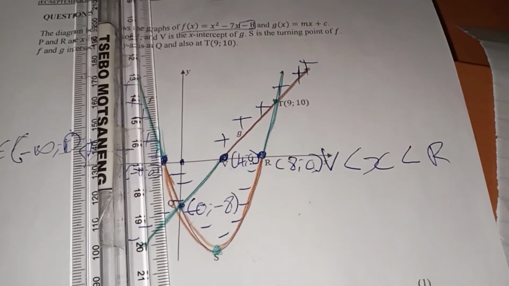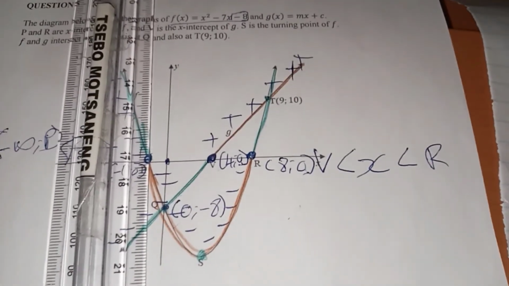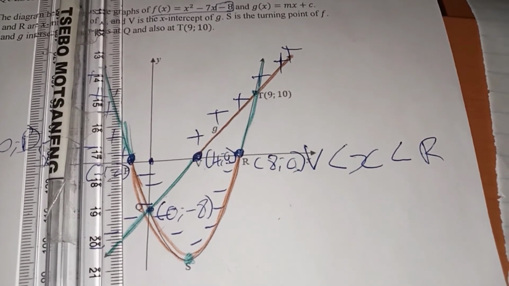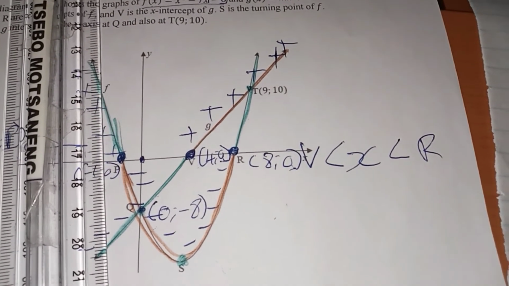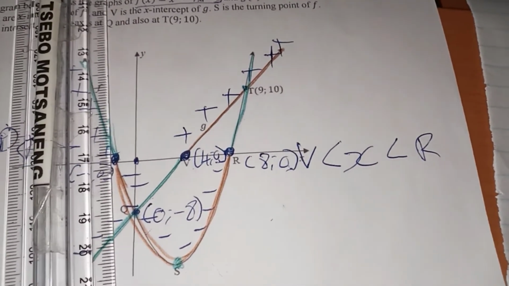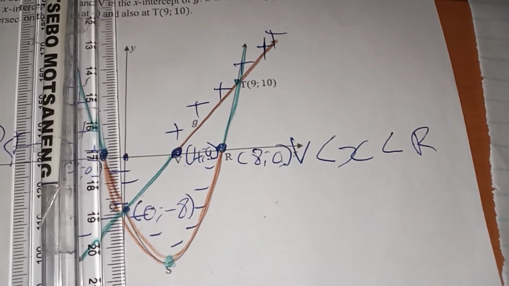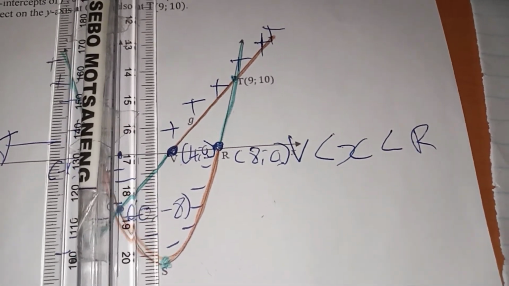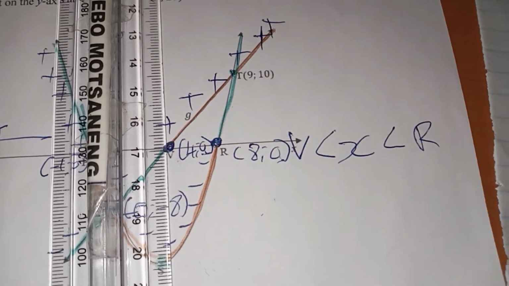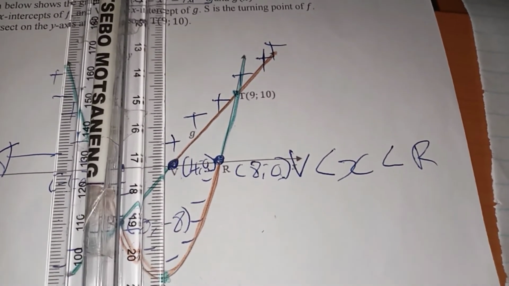From P going to negative infinity. That's when I will have positive values of f. And if I multiply them with negative values of G, that's where I get negative products, right? Then going forward, I have negative values of f and negative values of G, and they give me positives. But then from V now, I have positive values of G and negative values of f.